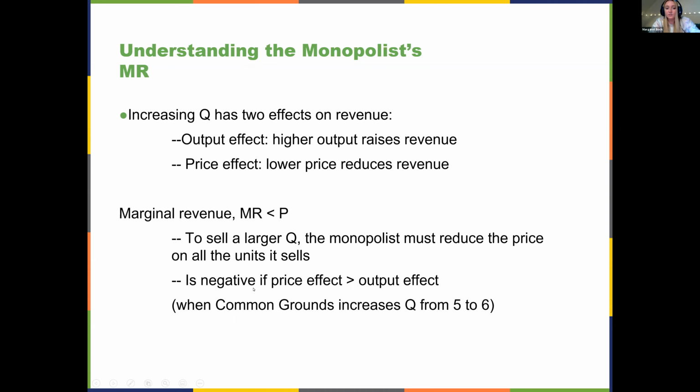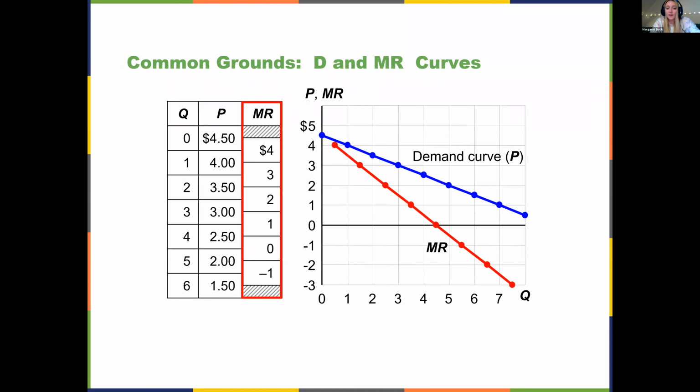And this is why we saw that when this monopoly moved from selling 5 items to selling 6 items, their marginal revenue actually turned negative. They're paying out more money to make this additional cappuccino than the money that they're bringing in by selling that cappuccino.